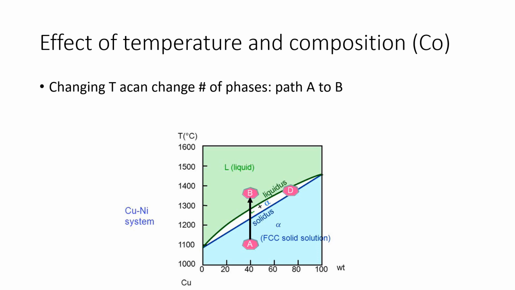We can use the copper nickel phase diagram to explain the effect of temperature and composition. If we change temperature, then the phases can change. If we look at the path A to B, at A initially the solution was an FCC alpha solid solution.